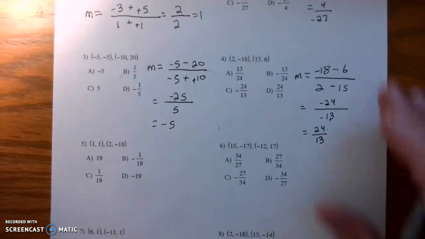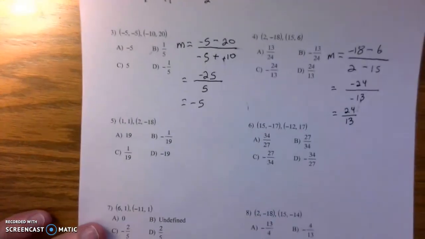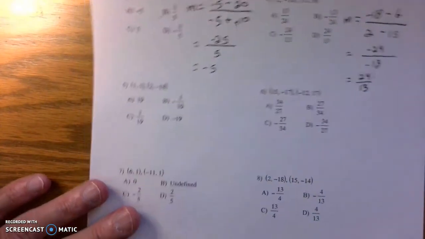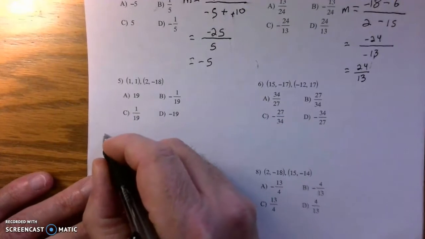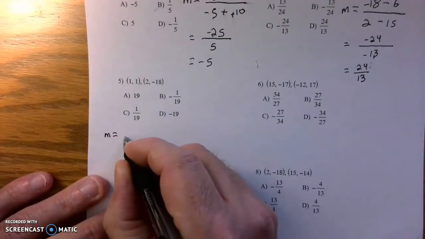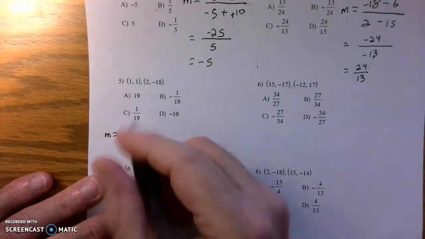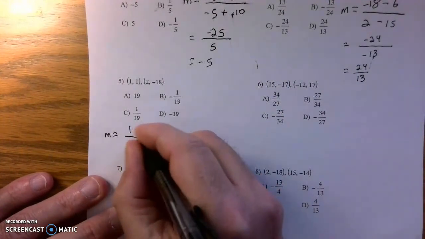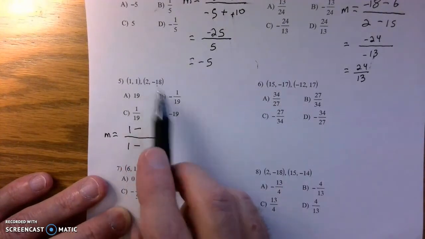All right, let's just go ahead and do number 5. I'll do it underneath this time. All right, first point is 1, 1. Our next point is 2, negative 18.